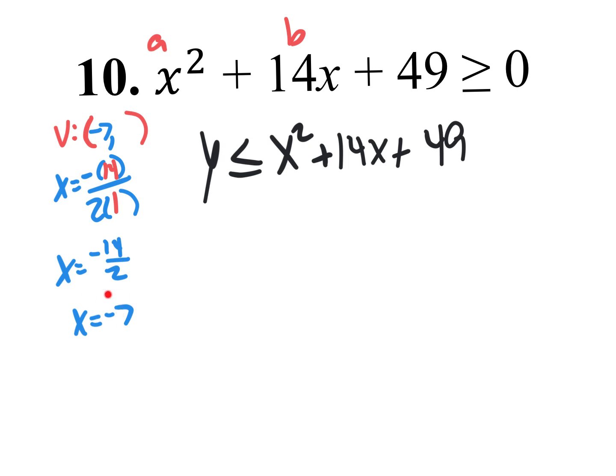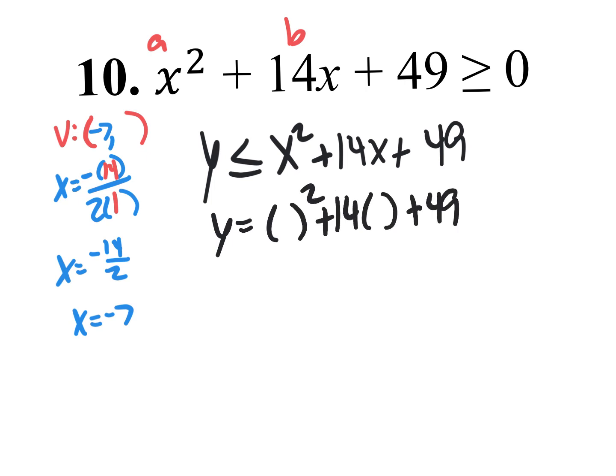But we still have the x value. We want the y value of our vertex. So I'm going to pretend that it's just saying equals, just to find that y value. So it's going to be y equals x squared plus 14x plus 49. We're plugging in negative 7. Negative 7 squared is a positive 49.